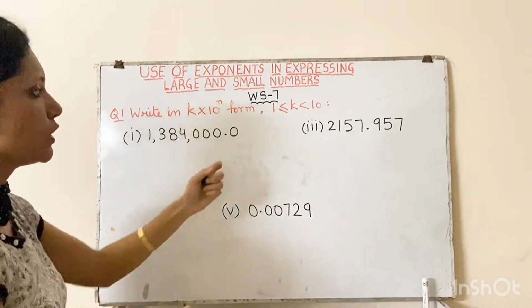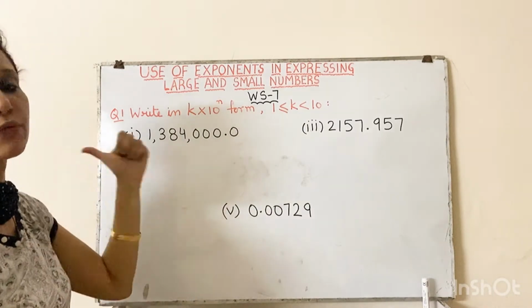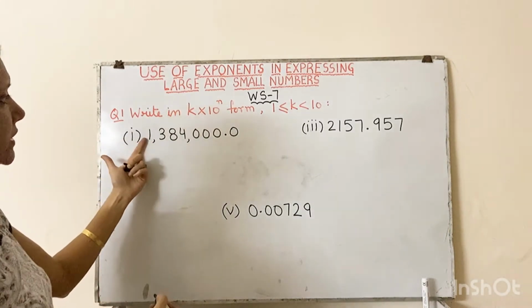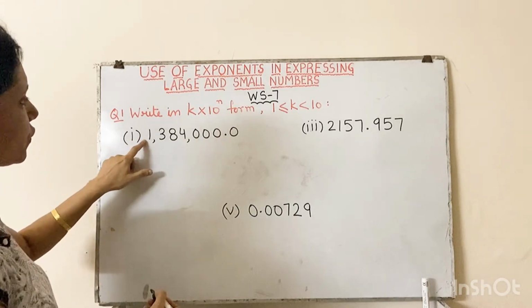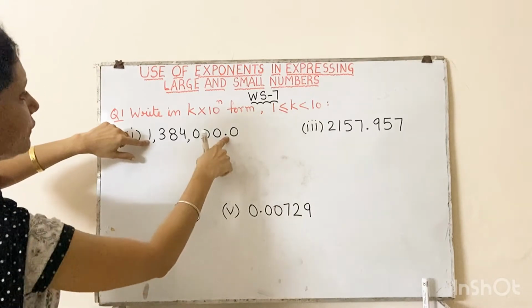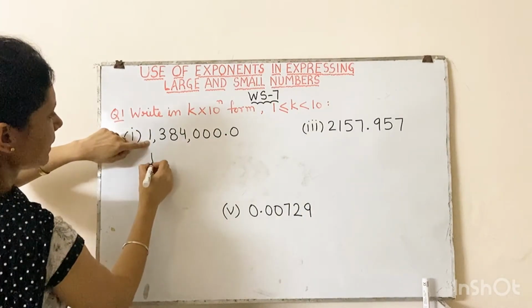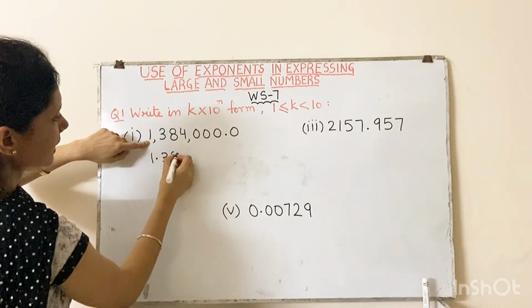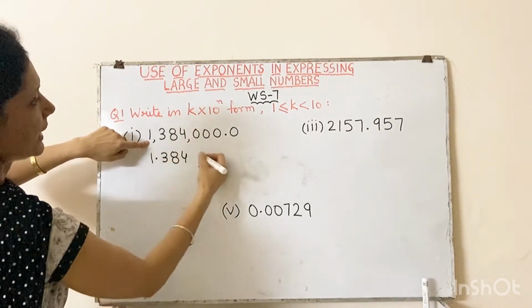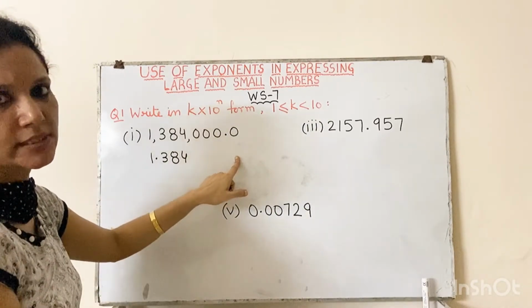As I told you, we have to move the decimal to the first non-zero number from the left. So from the left we'll start checking. The first non-zero number is 1. That means we'll move this decimal to after 1. So my number would become 1.384 and then I'm having zeros. You can write the 0 or you may not write the 0, it doesn't matter.